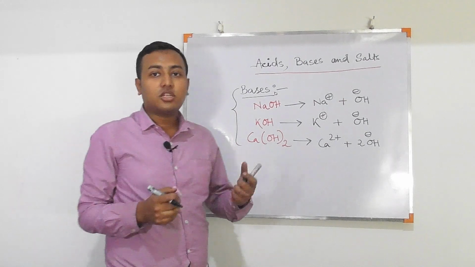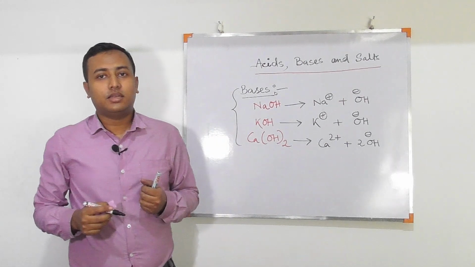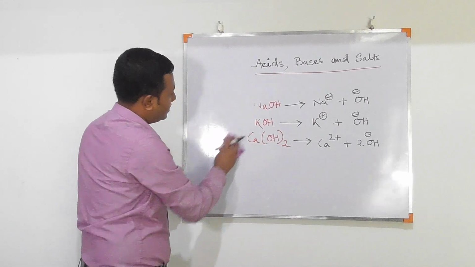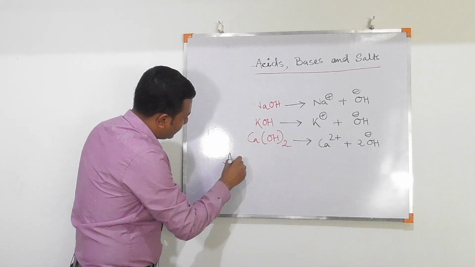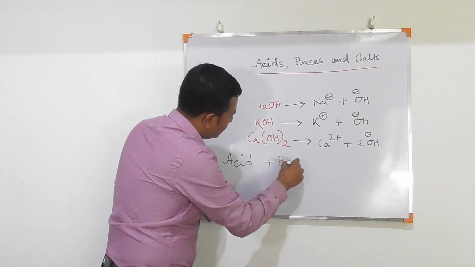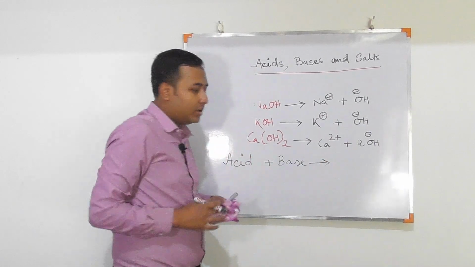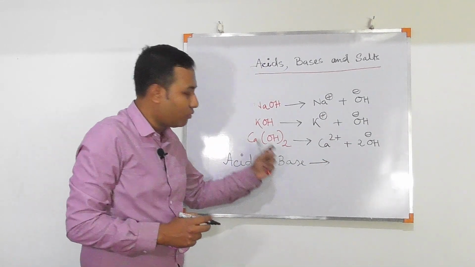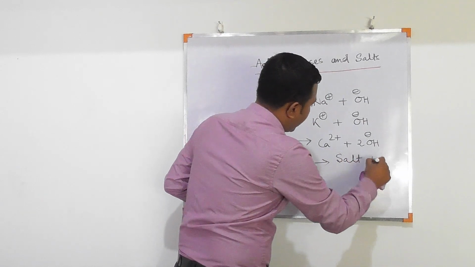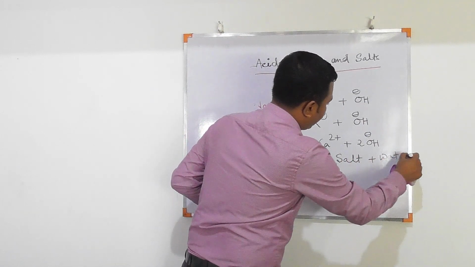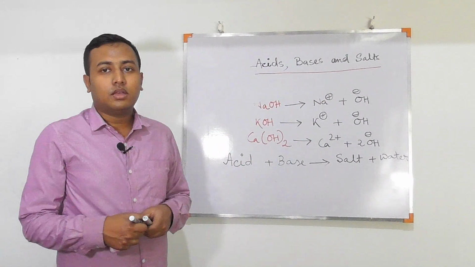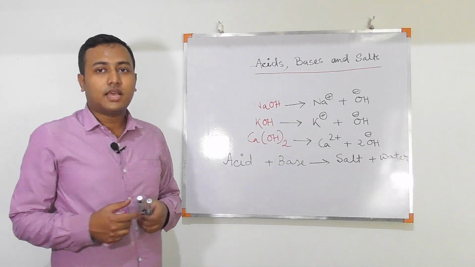Now we will see the reaction between an acid and a base. What happens when an acid and base react? If one acid reacts with one base, the products are salt and water. We can show this by an example.